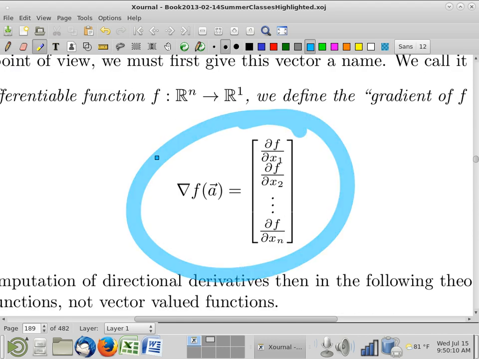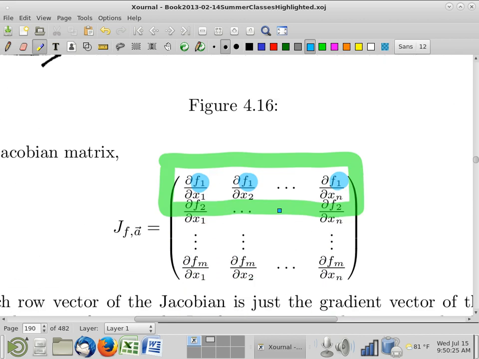It's the gradient vector. Okay. One output variable and the partials with respect to all the different input variables. So it's just kind of an interesting twist on how to think about the Jacobian matrix.